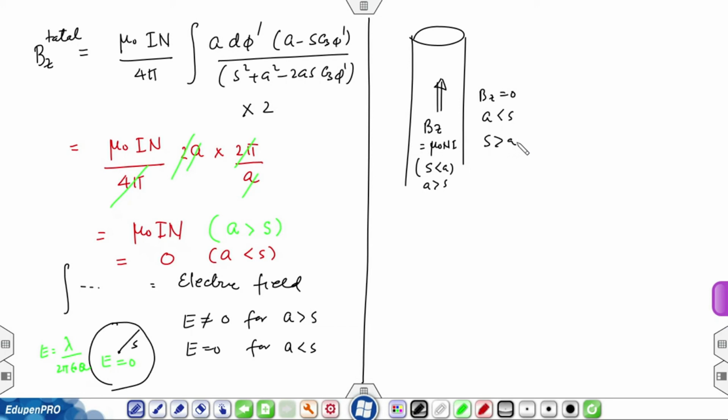So, we have calculated B z: it is mu naught n I inside and 0 outside. What about other components? Now, we will calculate the other components.